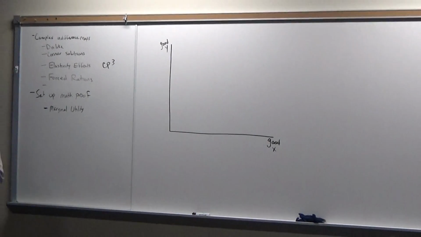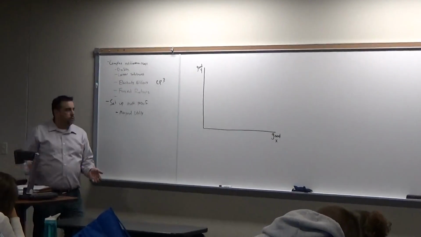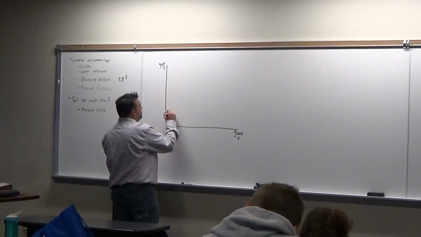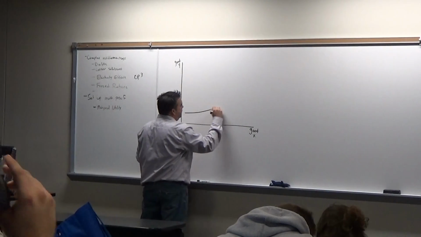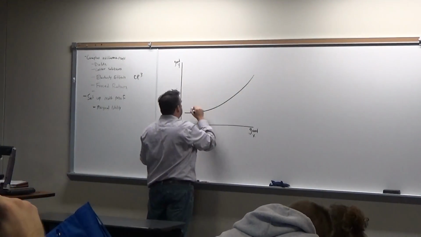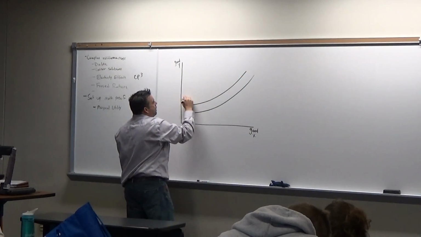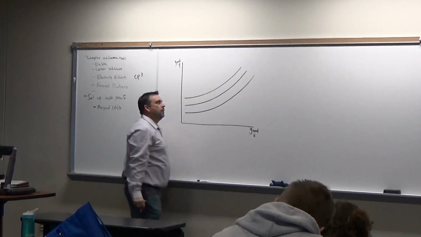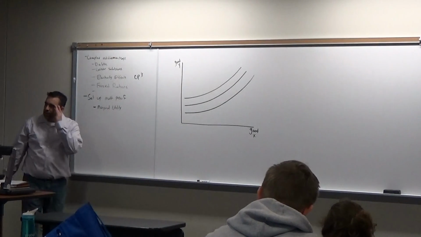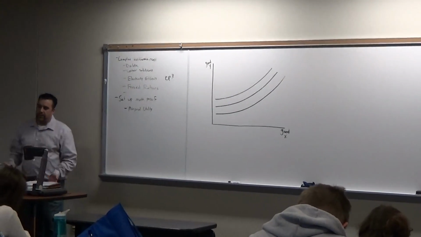What if I had some where the bow pointed away from the origin? For example, if I come up with some starter utility functions that look like this, they're still nonlinear, but now they're not driving to the origin, they're pointing away from it.